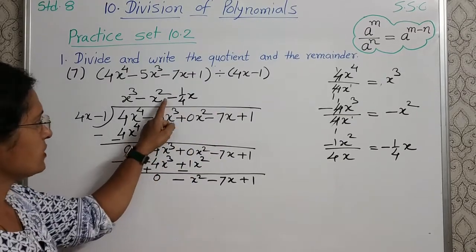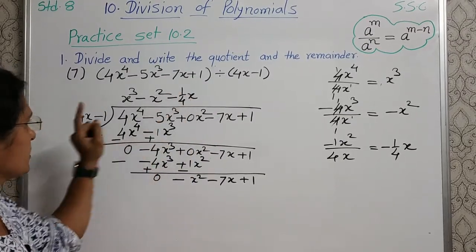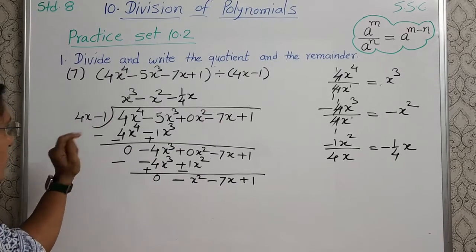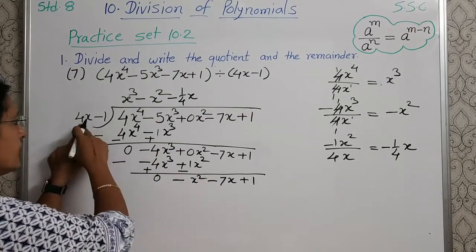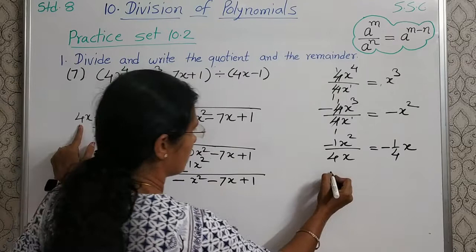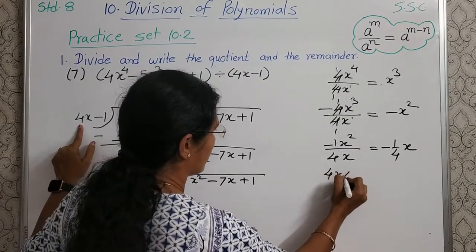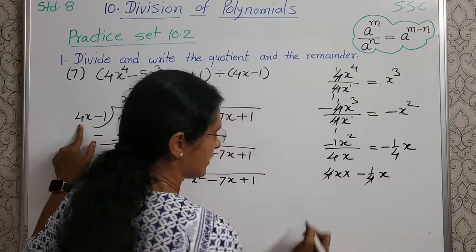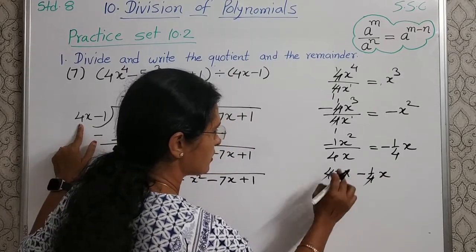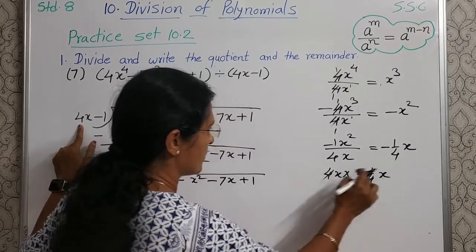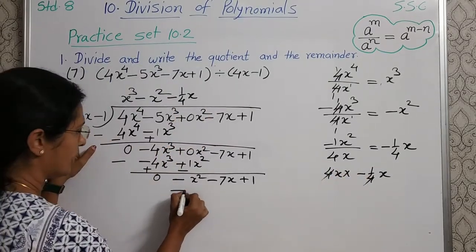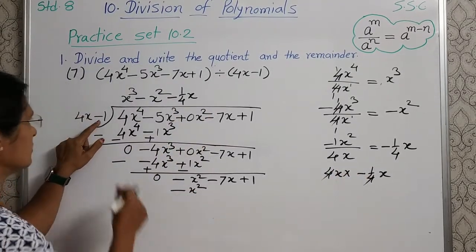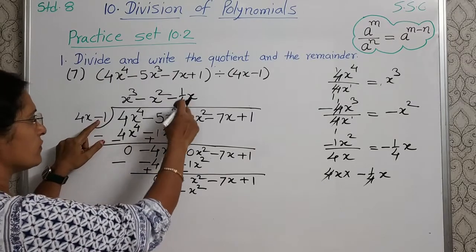Now multiply this minus 1 by 4x with this 4x minus 1. So first 4x into minus 1 by 4x. 4 will get cancel. Minus x into x is x square, so minus x square right here. Then minus 1 into minus 1 by 4x.